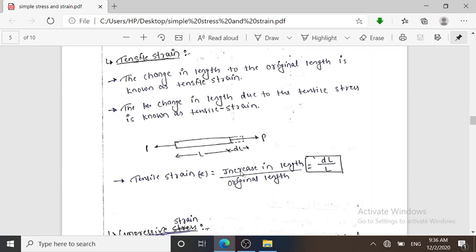Or we can also define tensile strain as the strain taking place due to tensile stress. So tensile strain is equal to increase in length by original length, that is del L by L.